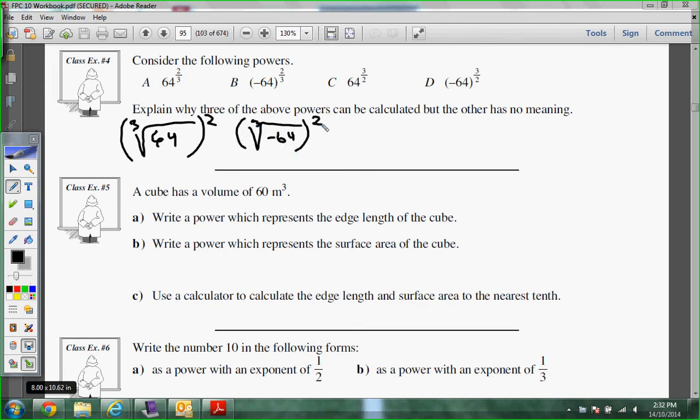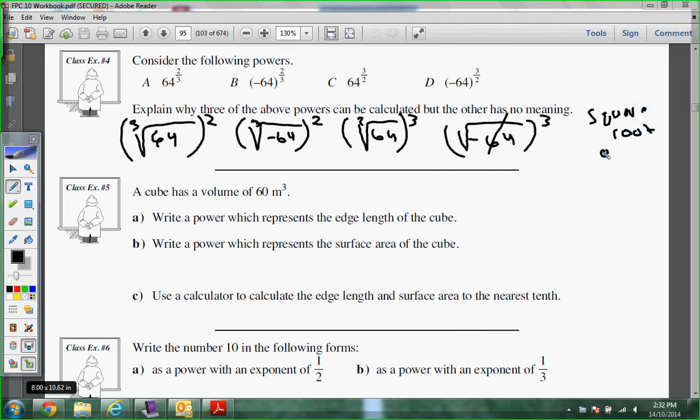Can we do that? Yes. And then we have here square root of 64 cubed. Can still do that. And then by process of elimination, negative 64 square rooted cubed. We cannot do this one because square root a negative. We can't do that because it's square rooting a negative.